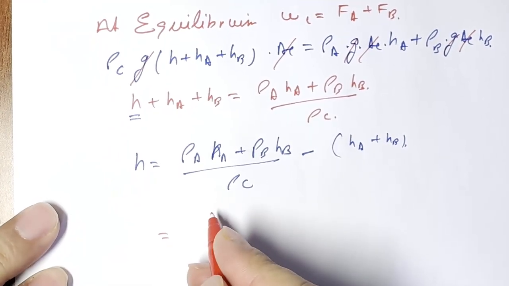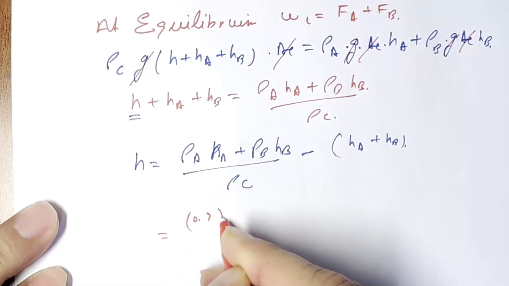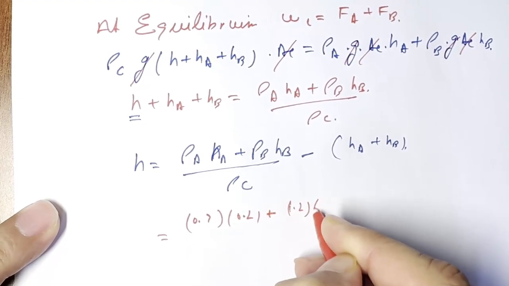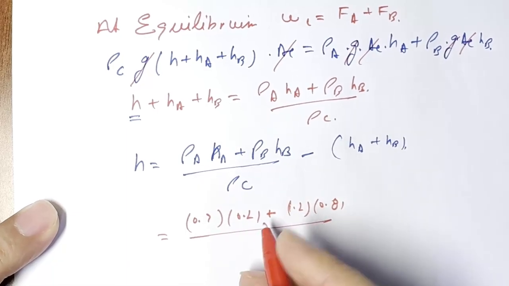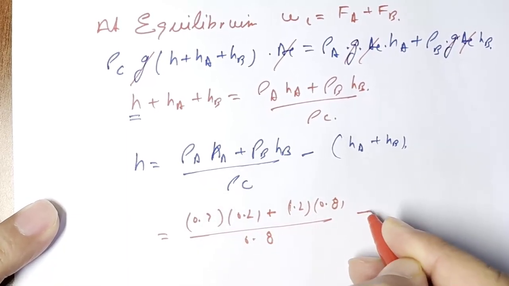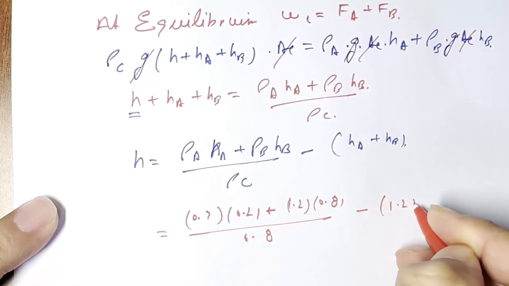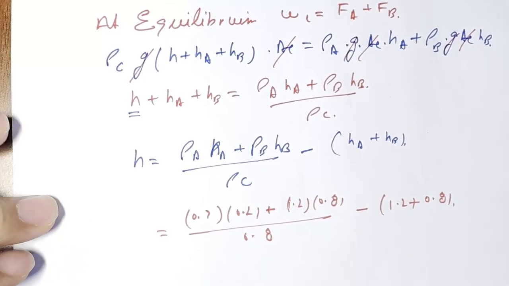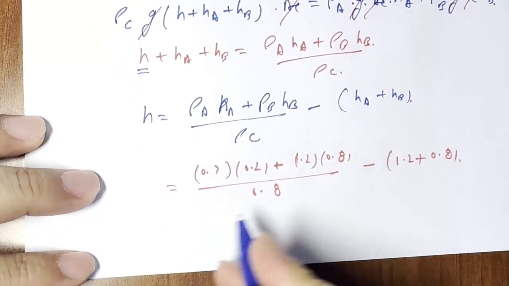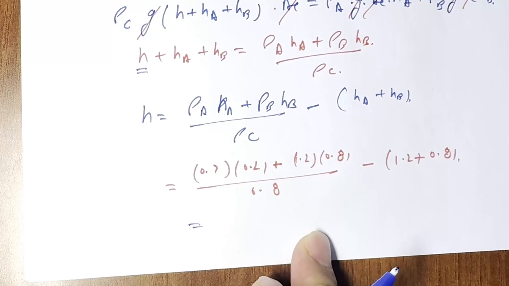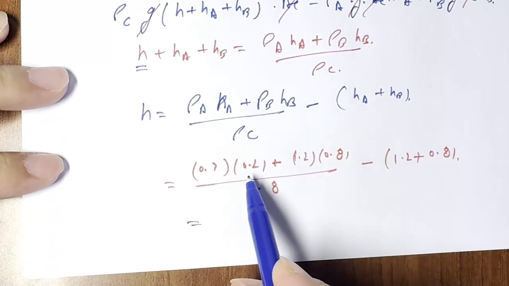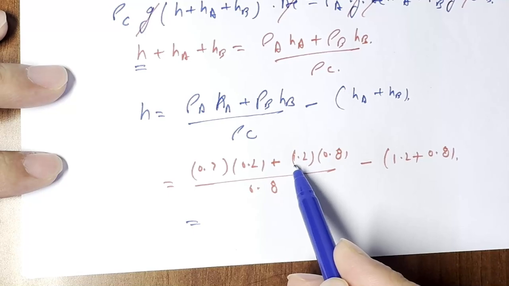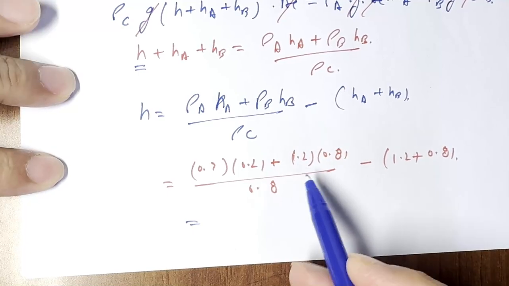Rho A is given as 0.7, HA is 0.2 plus 1.2, and we have 0.8 divided by 0.8, minus 1.2 plus 0.8, and if we simplify it, we can get this.